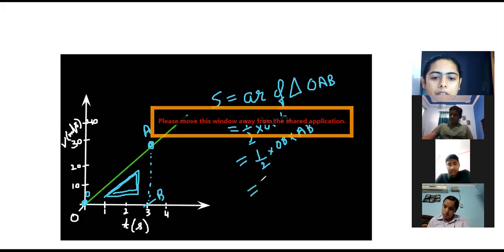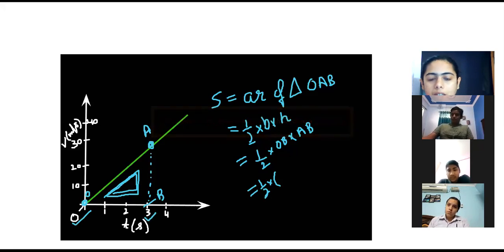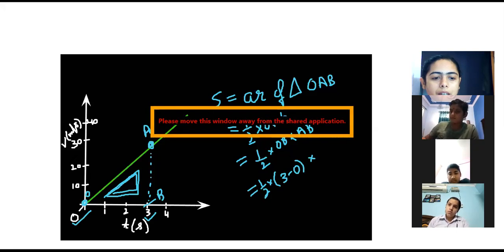And after that, we will put the values: half multiplied by OB, which is going from 0 till 3, so it is 3 minus 0. Multiplied by AB, which goes from 0 till 30, so it is 30 minus 0.